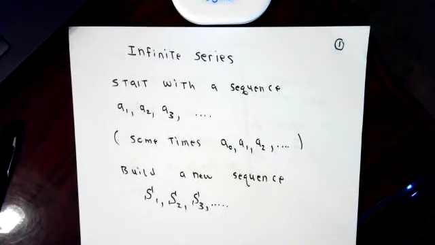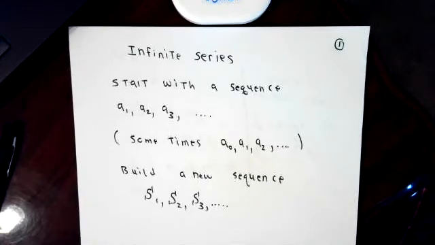So we're going to start off with a sequence, A1, A2, A3, and so on. Parenthetically, sometimes it's convenient to start indexing at 0. That's just a matter of convenience, though. For now, I'll assume that my indexing starts at 1.